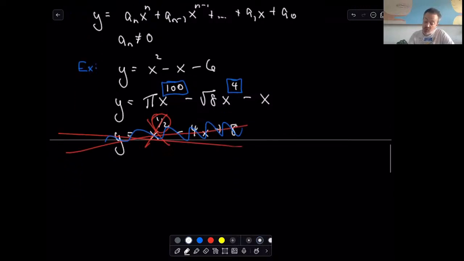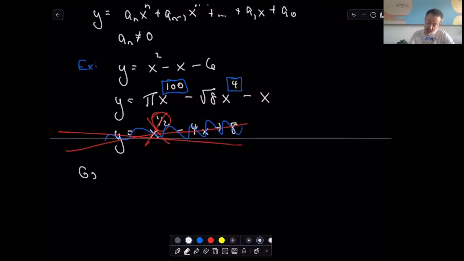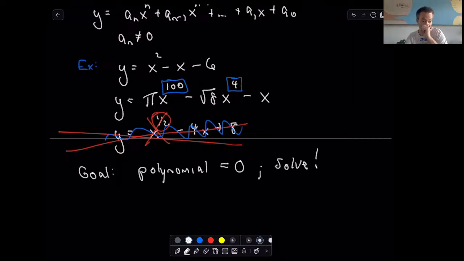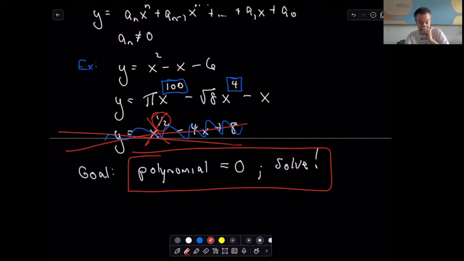But in general, the goal is we want to take our polynomial, set it equal to 0, and be able to solve it. That's the goal. And this sounds like such an innocuous little goal. It's really not doing it justice in the cosmic scheme of things, right?